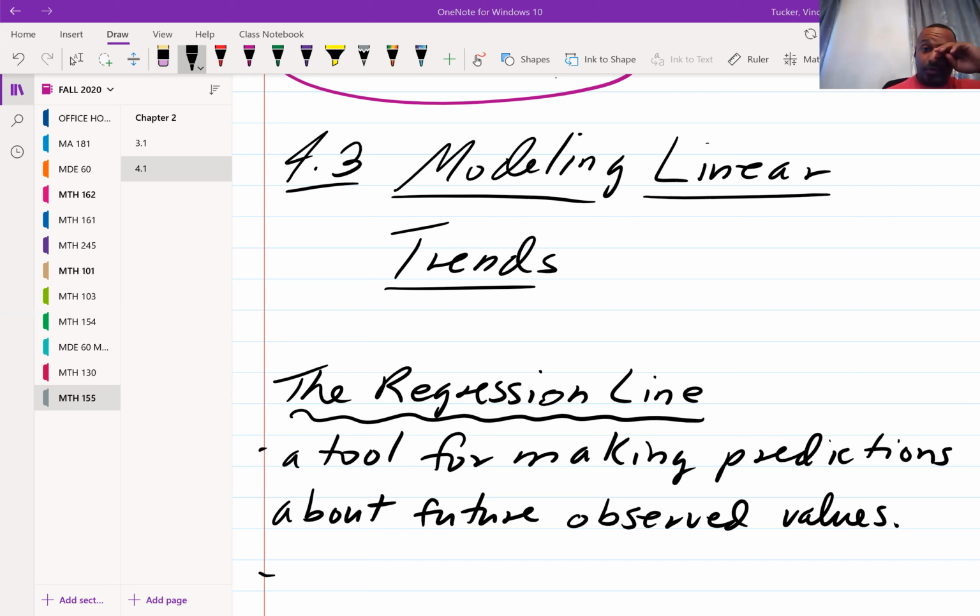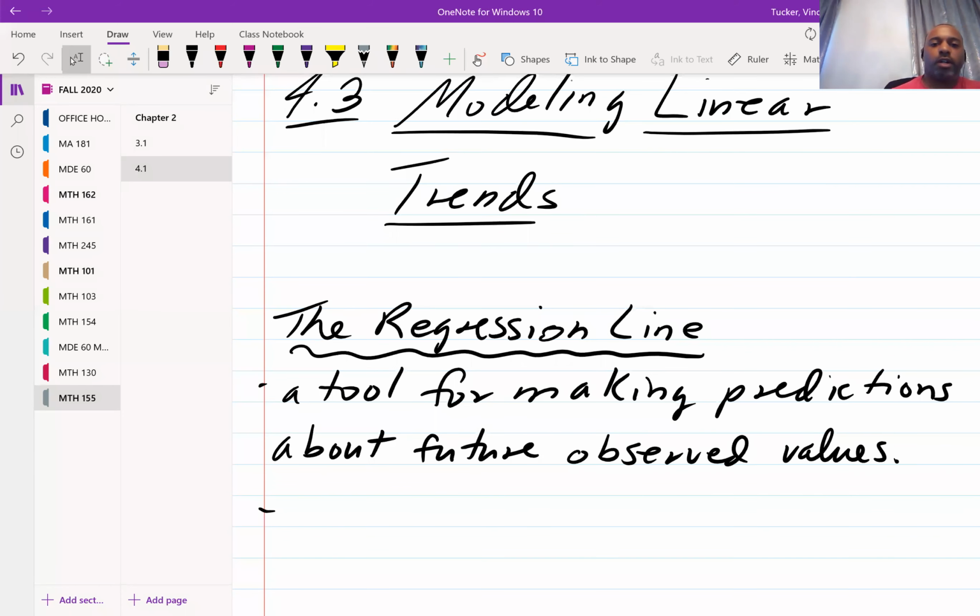All right. So 4.3, modeling linear trends. The regression line is the first thing we're going to discuss.